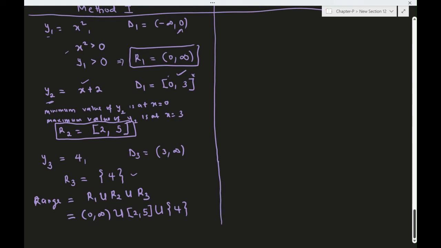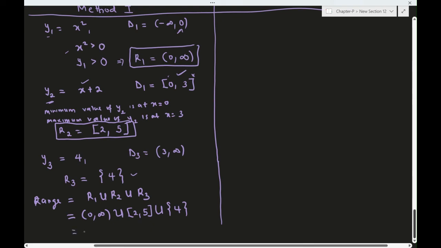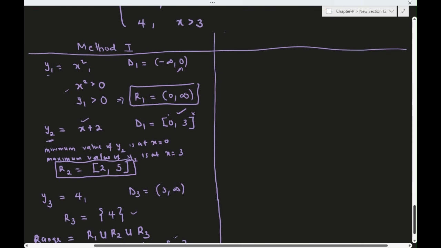But if you look at this carefully, the closed interval 2 to 5 is already inside 0 to infinity. 4 is also already inside. So if you take the union, it's just going to be 0 to infinity, because 0 to infinity covers all of this. So that is the range. Now, for the second method, we need to graph.